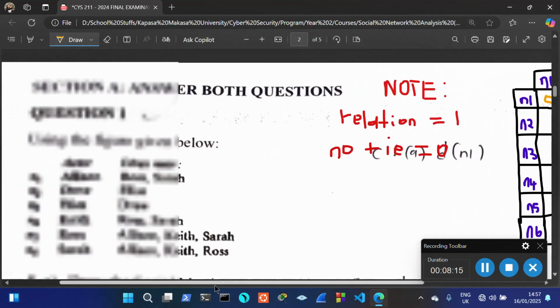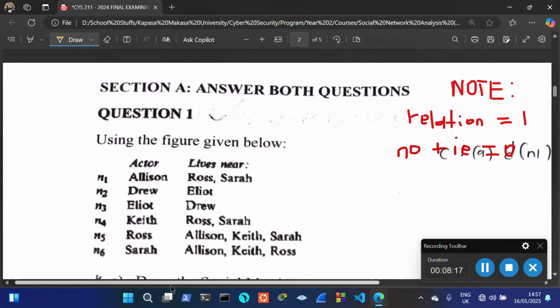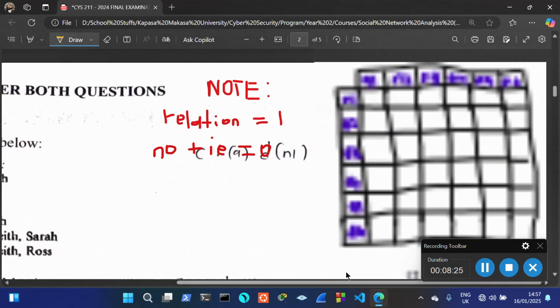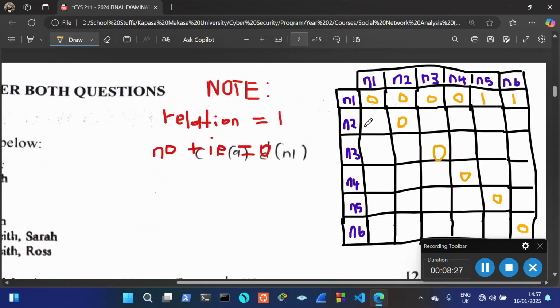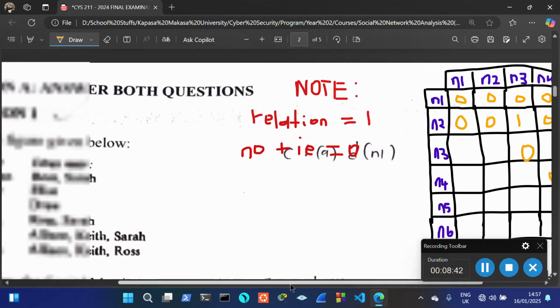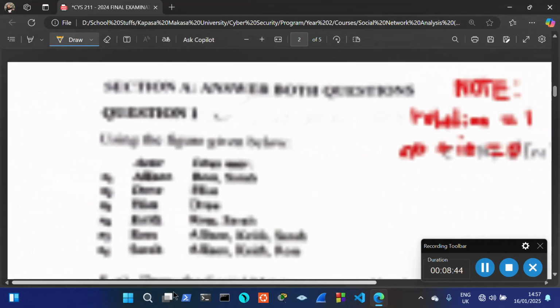Now, coming to the next node, N2. N2 is Drew, who has a relation with Elliot, who is N3. So N2 has a relation with N3, that's all. Here we put zeros because we haven't seen any other relation. As simple as that. Let's try to be quick because we understand what we are doing.